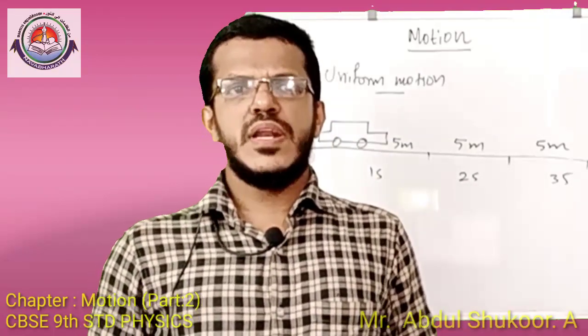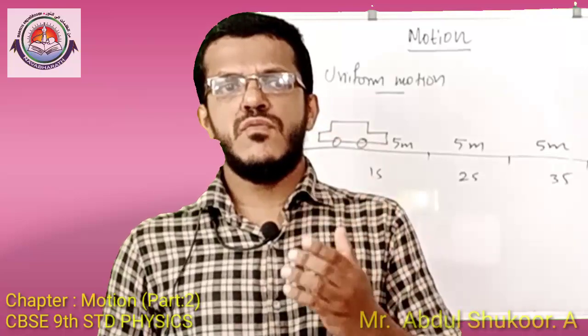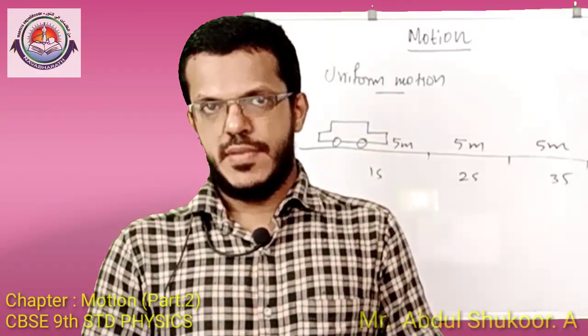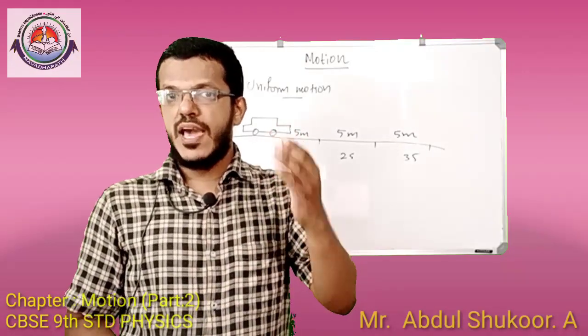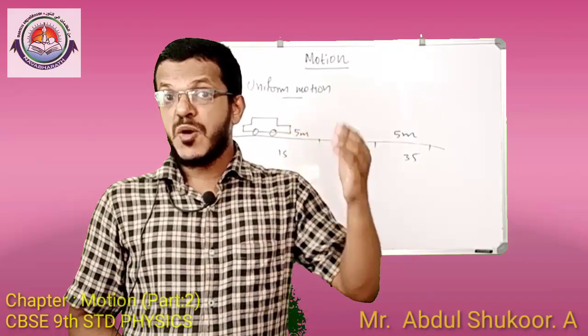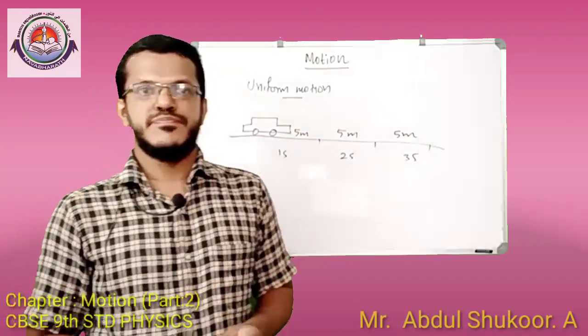But in our everyday life, we come across motion where objects cover unequal distances in equal intervals of time. In some situations in our day-to-day life, some objects move unequal distances in equal intervals of time.